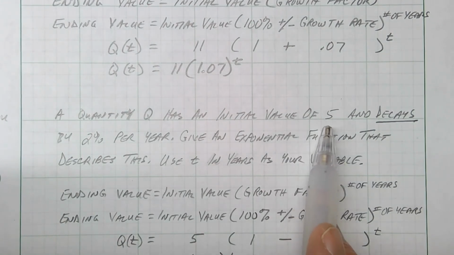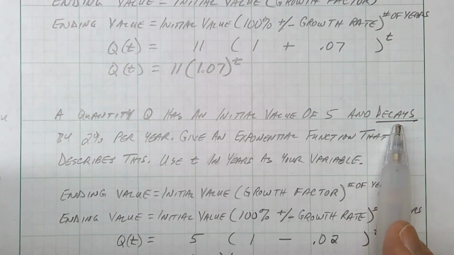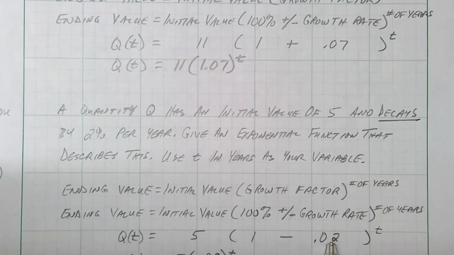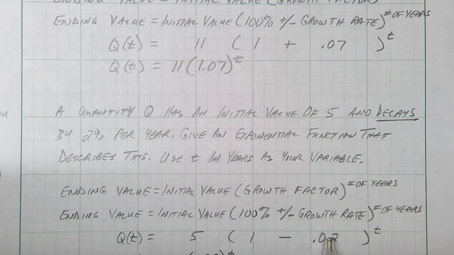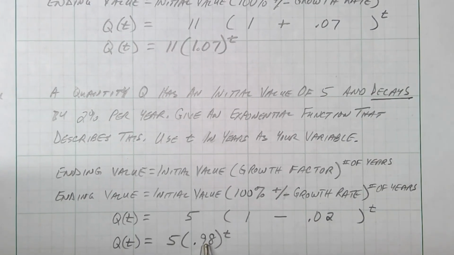That was our initial value of 5, times 100% minus, because it's decaying, it's becoming less. How much less? It's losing 2% a year. So this is a bad investment that's losing 2%. All right, so 100% take away 2%. 1 minus 0.02 is 0.98.